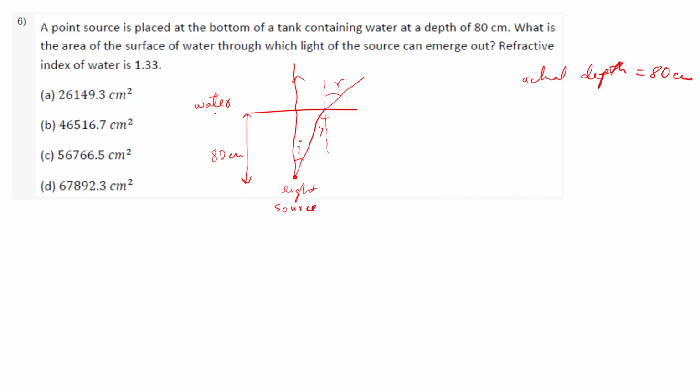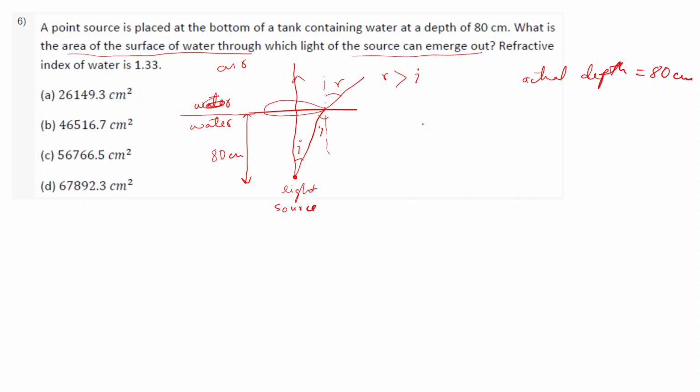Because this side is water, and the other side is air, which is a rarer medium, the angle of refraction here will be more than the angle of incidence. The rays of light from this point will go in several directions, and we have to tell the area of the surface of water through which light of the source can emerge. At the interface, what is the area through which the light can emerge?